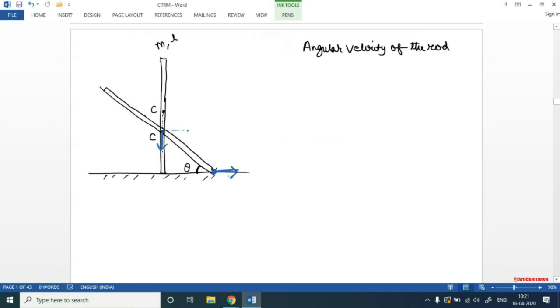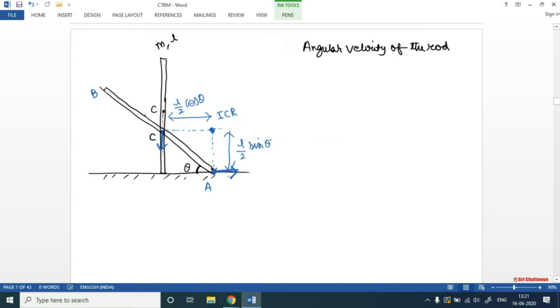So we draw a perpendicular passing through point C, and let's say this end is A and this end is B. A line perpendicular to the velocity of point A and passing through A. So this here is the instantaneous center of rotation. Obviously this length is equal to L by 2 cos theta, and this length is equal to L by 2 sine theta.